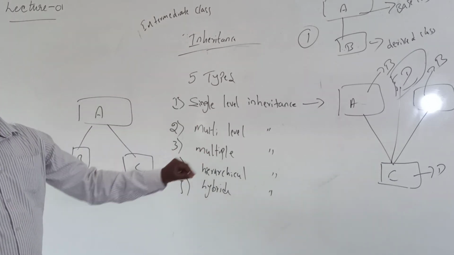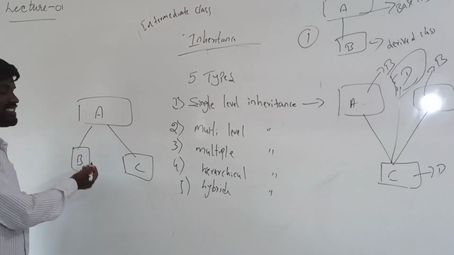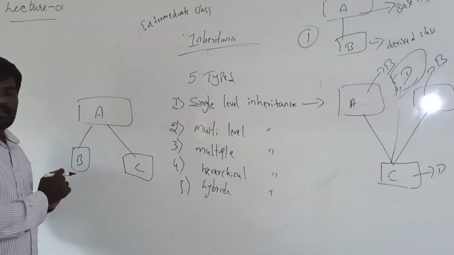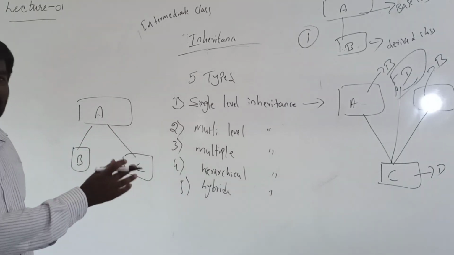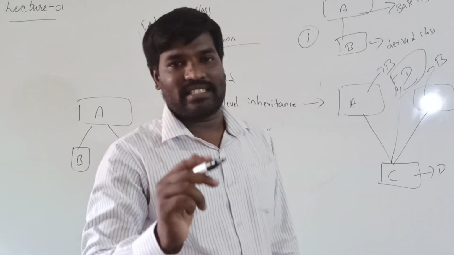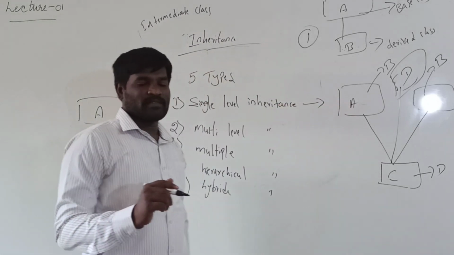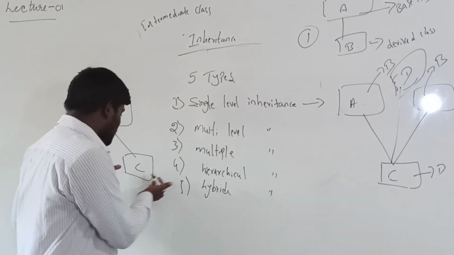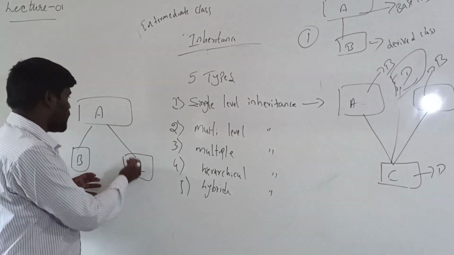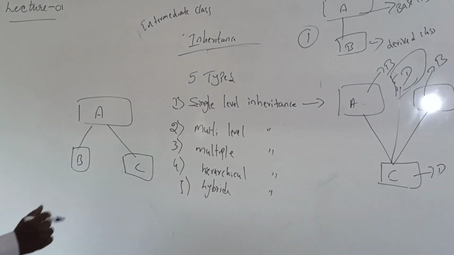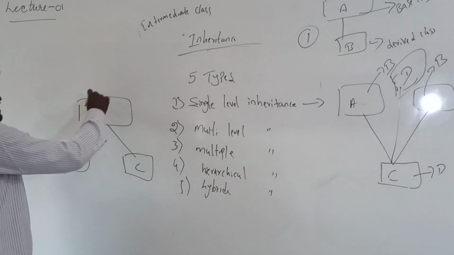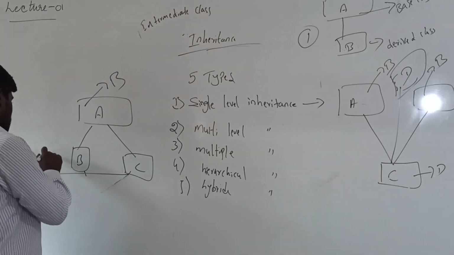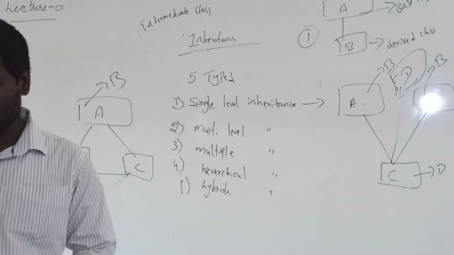Hierarchical inheritance means n number of classes, or more than one class, are derived from a single base class. Multiple inheritance means a class is derived from more than one base class. Here n number of classes are derived from a single base class. So this is nothing but hierarchical inheritance. Here A is the base class and B and C are the derived classes.